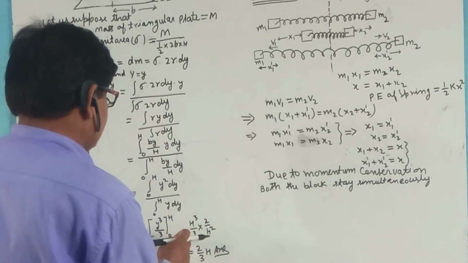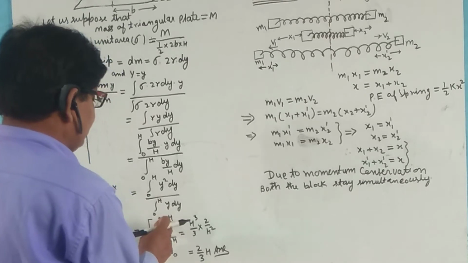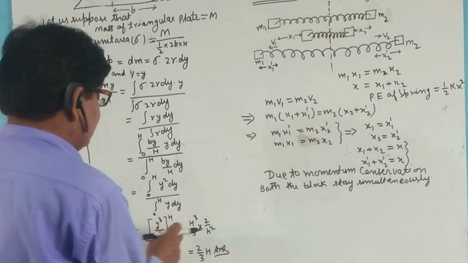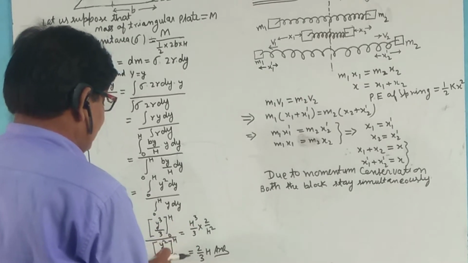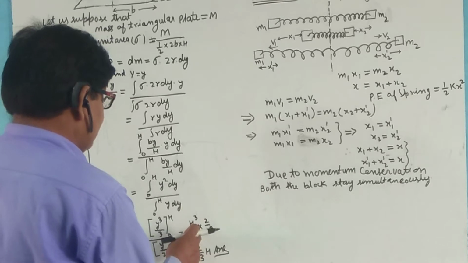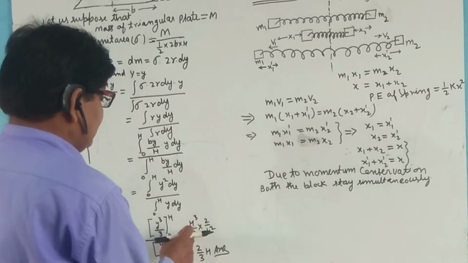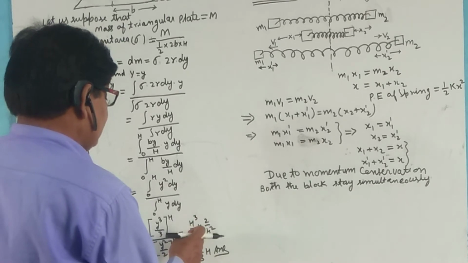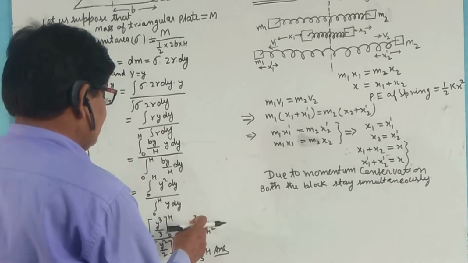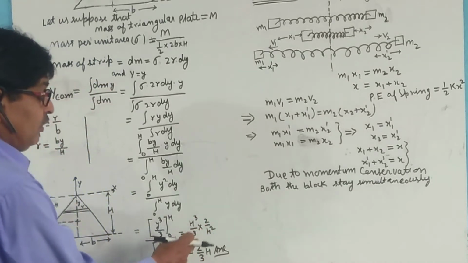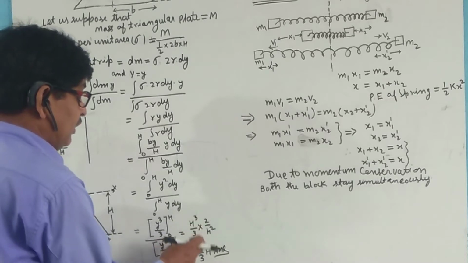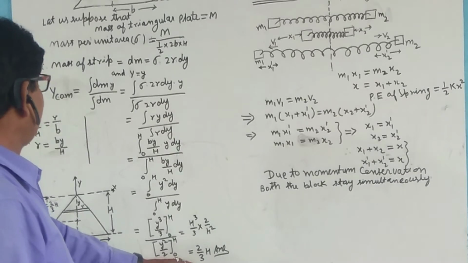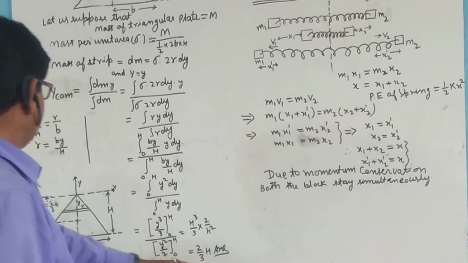Putting y equal to h and y equal to 0, we get h cube by 3 in the numerator and h square by 2 in the denominator. H cube by 3 into 2 by h square, the h square cancels, giving 2 by 3 h. This is the y coordinate of the center of mass.